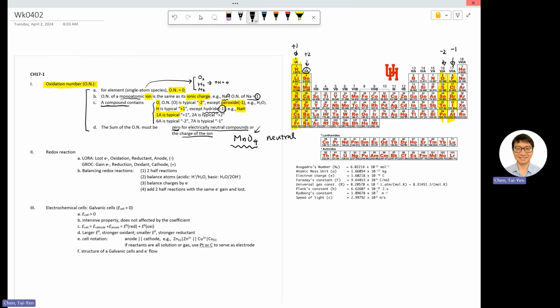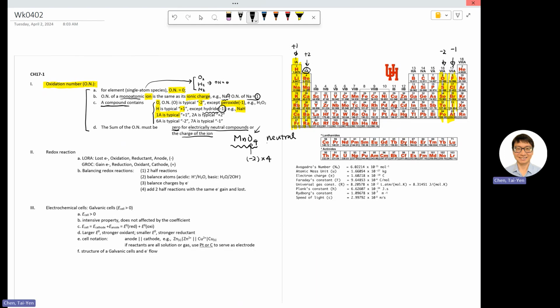Therefore, the sum of the oxidation numbers of all the atoms needs to equal 0. In this case, we know oxygen inside a compound is assigned -2 charge, and because you have 4 of them, you multiply by 4.